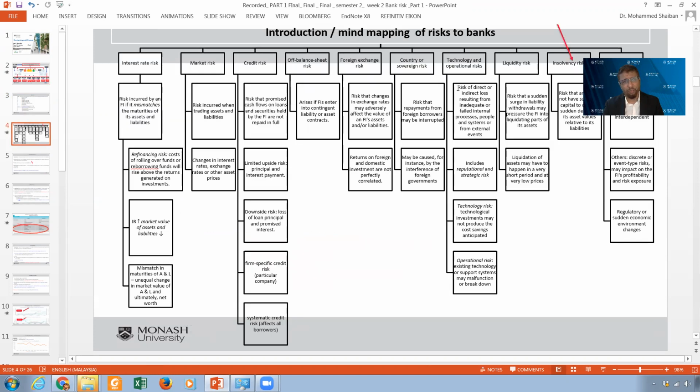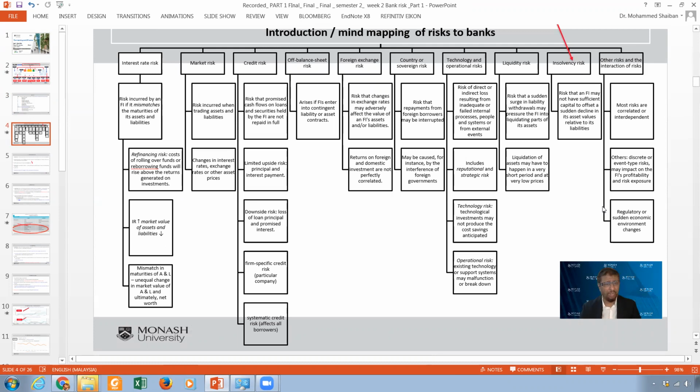I have developed for you this mind map for all those risks, and you can look at this. It should be very helpful because I have here, for example, the interest rate risk, the market risk, credit risk, off balance sheet risk, foreign exchange risk, and so on and so forth, until we reach the other risks and the interaction of those risks.